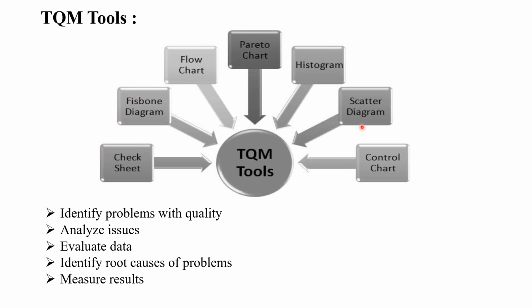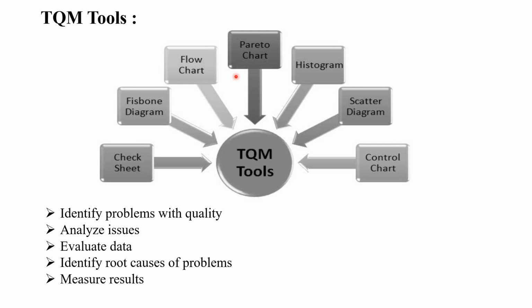So these are all the various statistical process control tools. So by using these tools, we can improve the manufacturing process in the organization. So first we can identify the problems, and by using these tools, we can identify the main reasons for the problem.